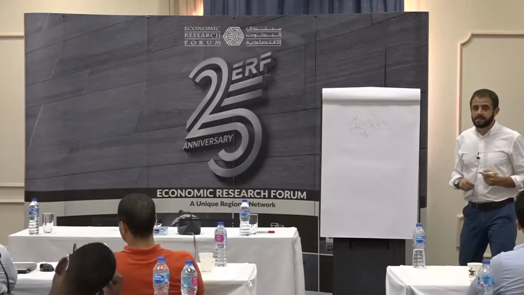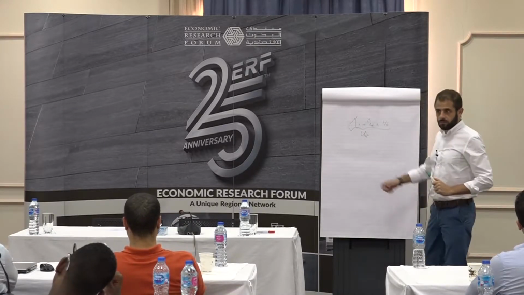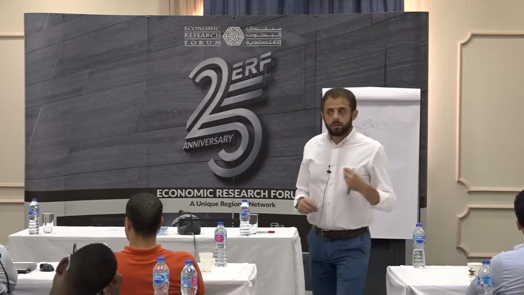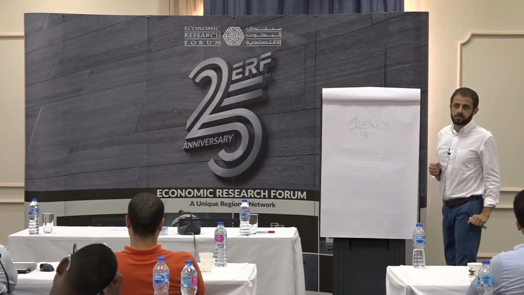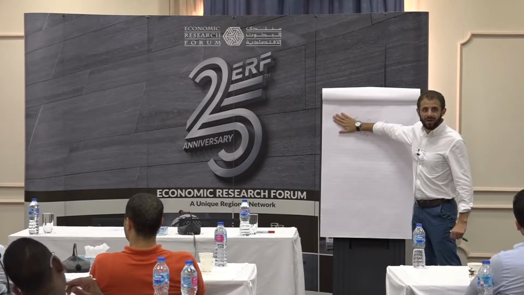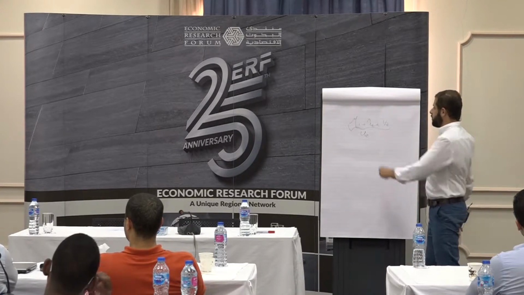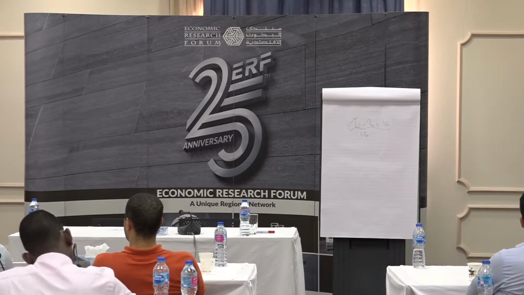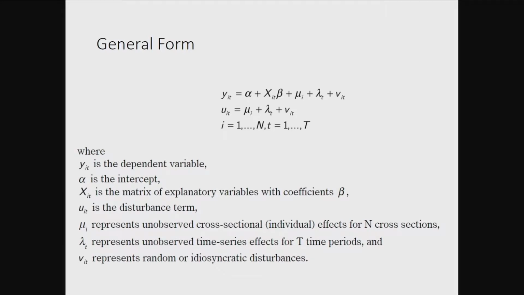The idea here is that the equation I have includes some dimensions in the error term that can bias my results. And this is why I have to take this into consideration when I estimate my function, in order to avoid biased results. So that's the general form that we're going to manipulate in the rest of the session.